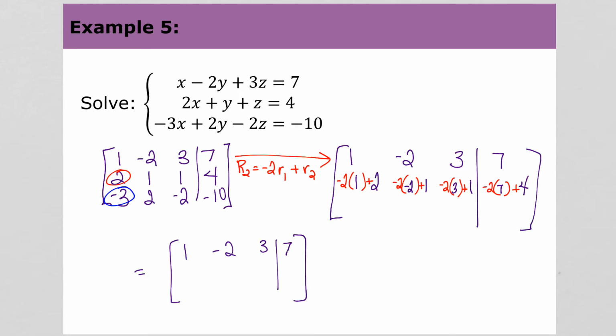Let's go ahead and figure that out down here. So we're going to end up with 0, 5, negative 5, and negative 10.